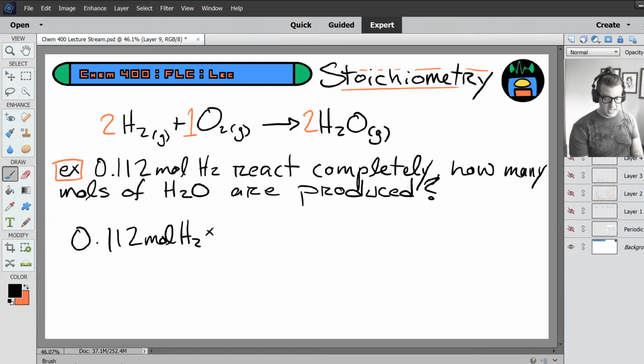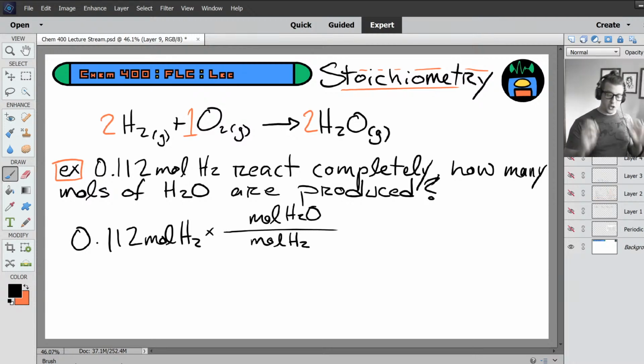Well, what you need is a unit conversion, one that converts moles of hydrogen to moles of water. And that unit conversion comes straight out of the balanced chemical equation. Our balanced chemical equation tells us 2 moles of hydrogen produce 2 moles of water.